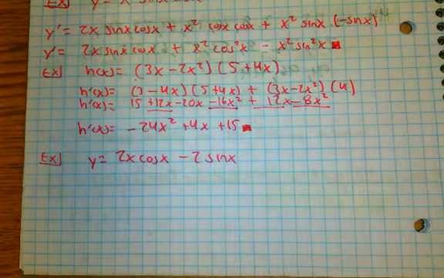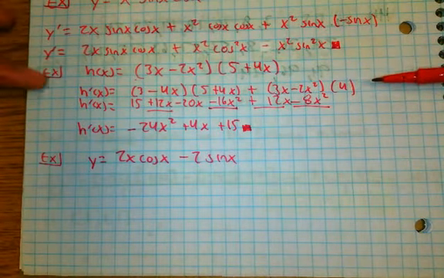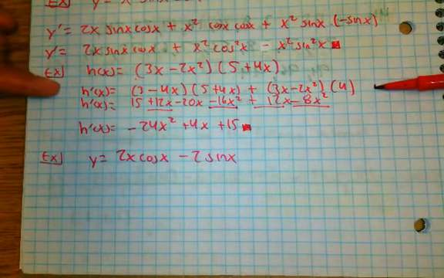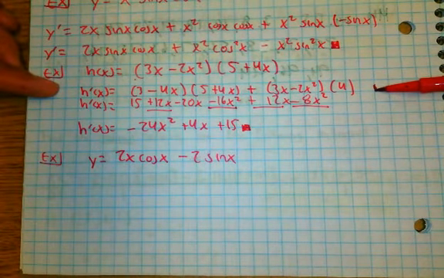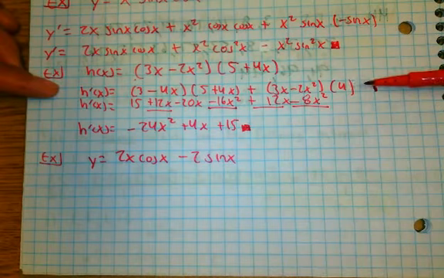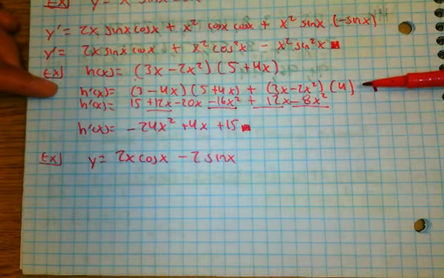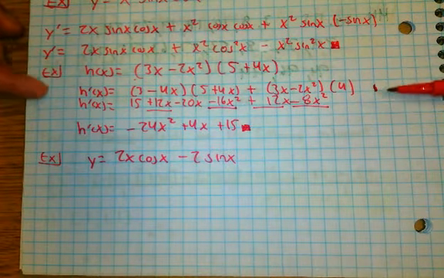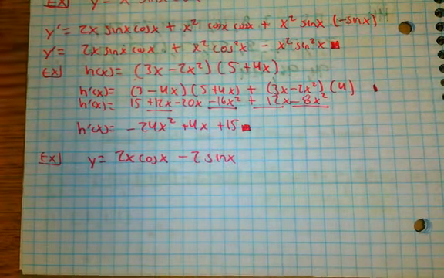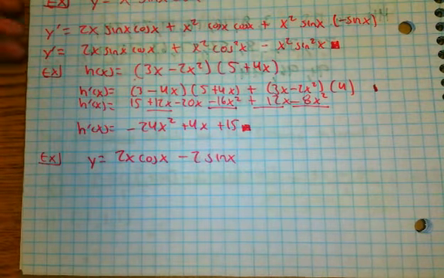More than likely you're going to get a problem like this on the multiple choice part of it, and I guarantee you they will not just leave it like this. They're going to want you to simplify it, because none of the options will look like this. The options will be simplified versions of it, so you will have to simplify for the multiple choice part of it. Okay?